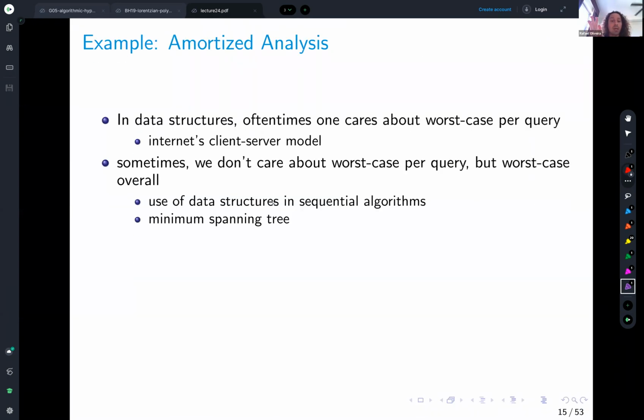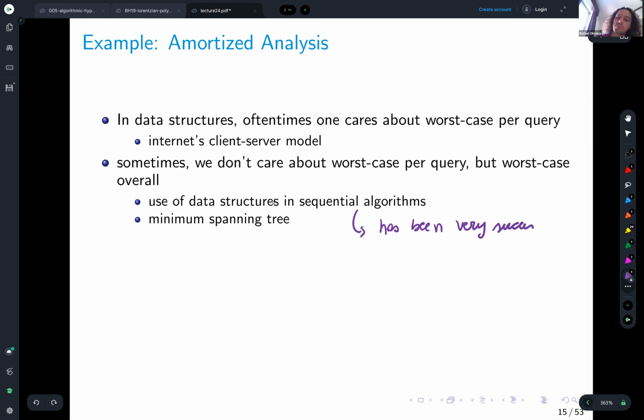But sometimes we don't care about worst case per query, but we care about worst case overall, right? For example, if we use a data structure for sequential algorithms, which has been used quite successfully, even recently in solving linear systems. So this is not something that's only old. This idea has been very successful recently in linear program solvers, as they're getting much faster linear program solvers.